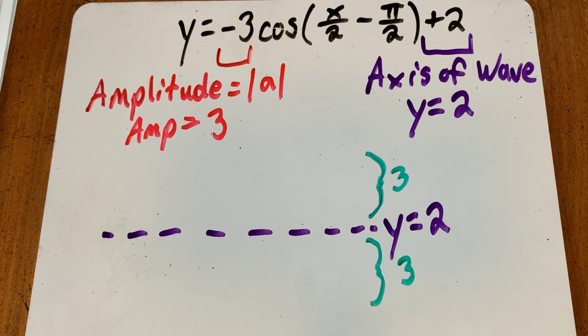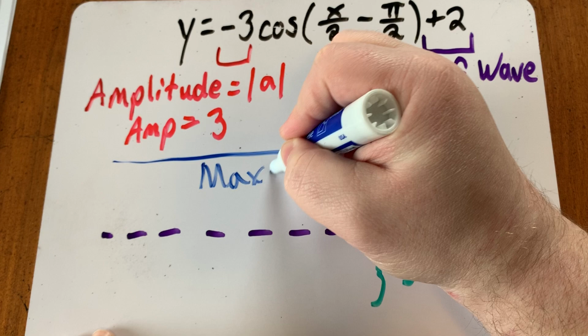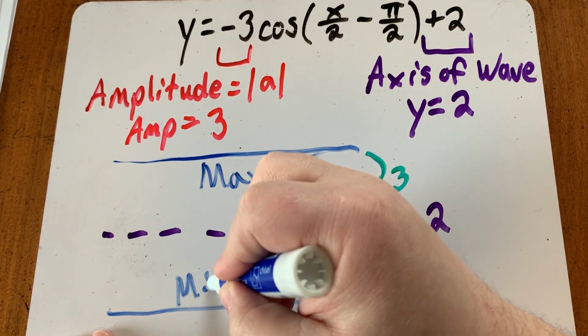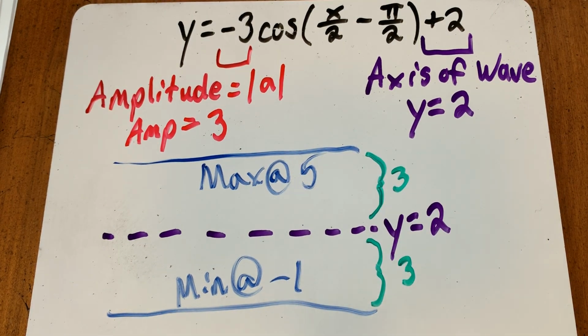So our maximum is 3 above 2, that's 5, and our minimum is 3 below 2, which is -1. So it goes between 5 and -1. That's what our curve's going to be. The lowest it's going to be is at -1, the highest it will be is at 5.